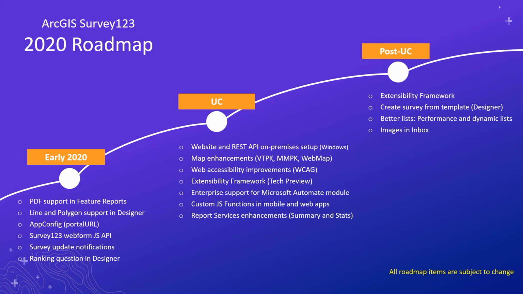Later on, towards the end of the year, we want to transition from a tech preview of the extensibility framework to the official release of the extensibility framework. And then we will add enhancements to Designer so you can create surveys from templates.